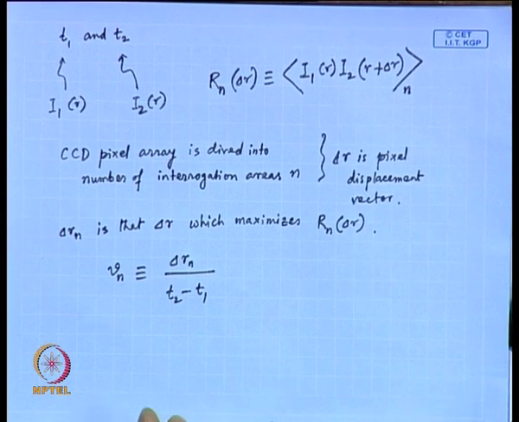So, over this time interval t2 minus t1, you are finding where the maximum change of intensity has taken place, and that you are relating to the velocity. So, this would be the way you will be measuring velocity at a point in a channel of this length scale. All right.